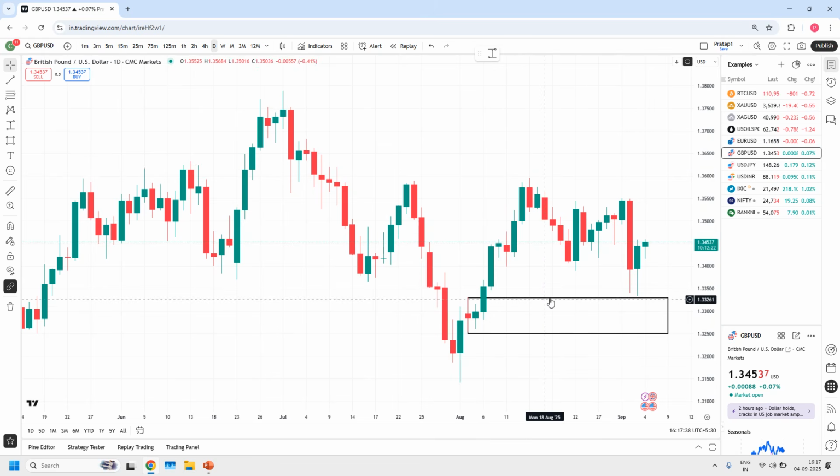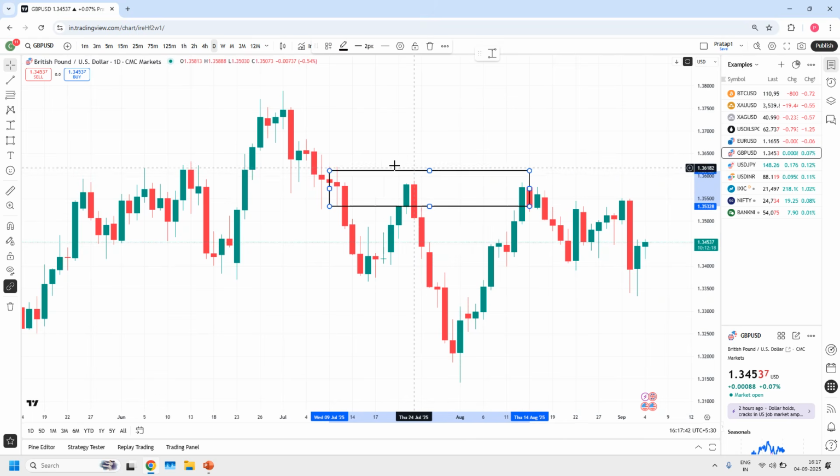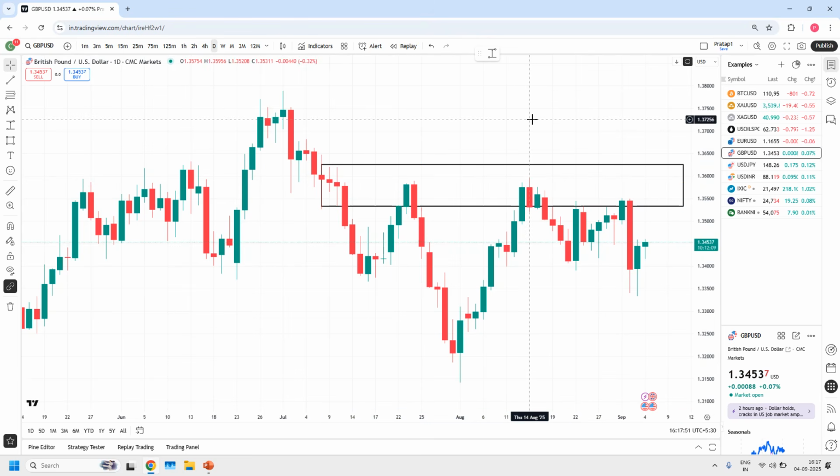And also observe here, price moved in a narrow range. This is again a very good example. This is a short trade opportunity.